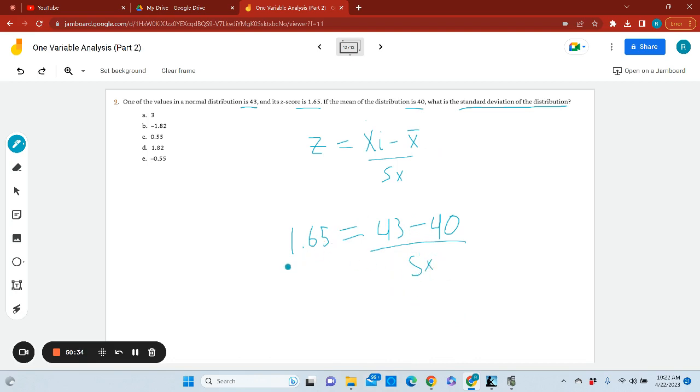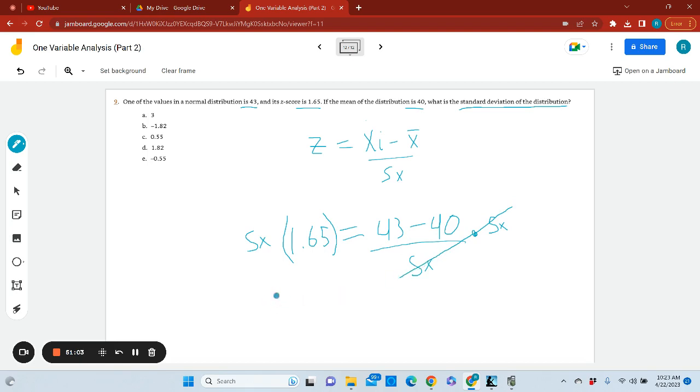So if you remember your algebra, this looks like a proportion to me, right? I should be able to put this over 1 and cross multiply. If you don't like looking at it like that, I would think, okay, how do I get this variable out of the fraction over here? I'm going to multiply by Sx on both sides. These will cancel on the right.